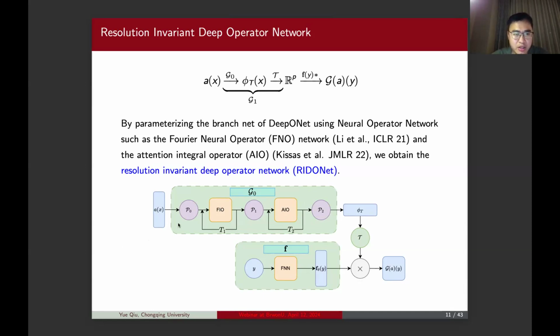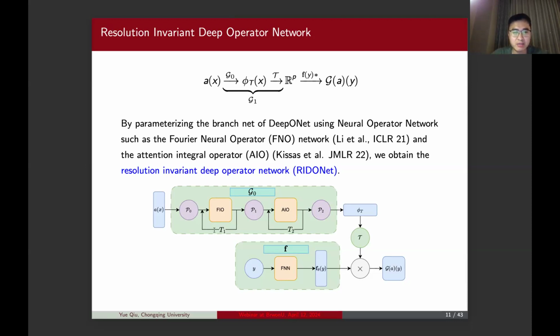This G0 you can just take generally as any neural network that takes functional inputs and also gives functional outputs. The P0 block and the P2 block just map the dimension of the input and the output.